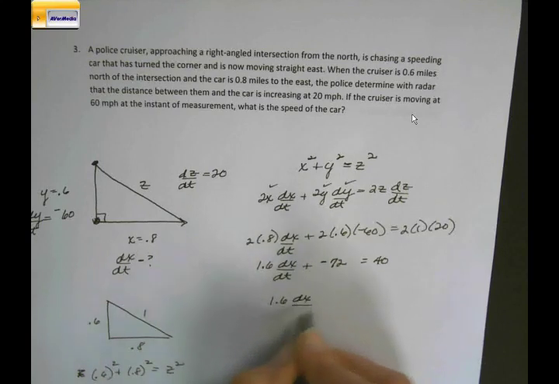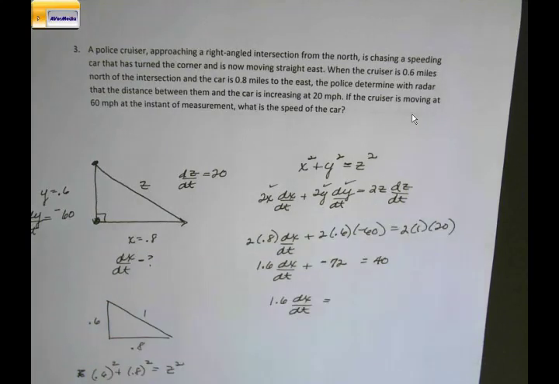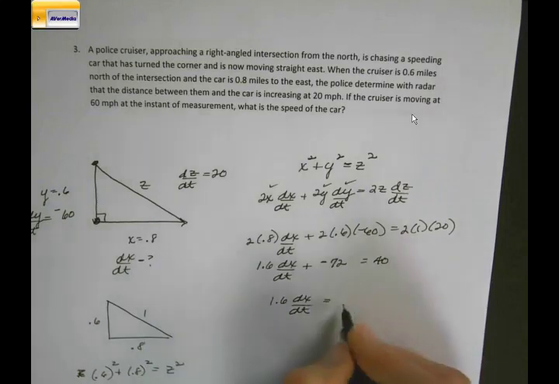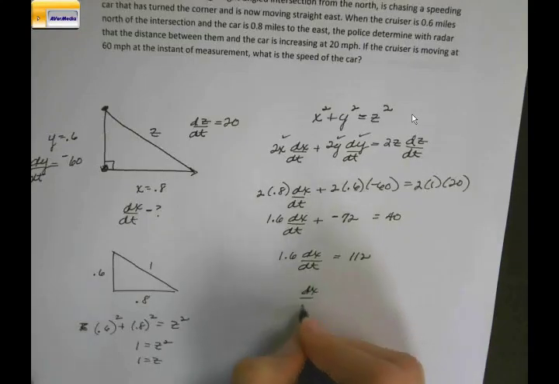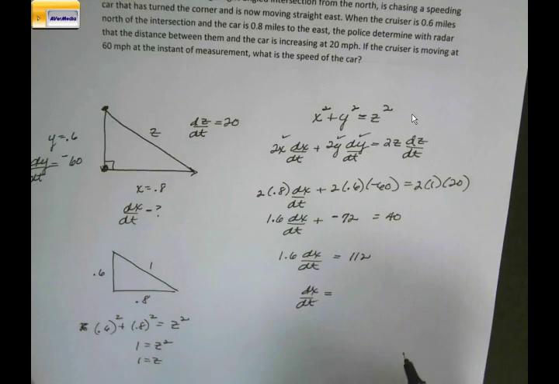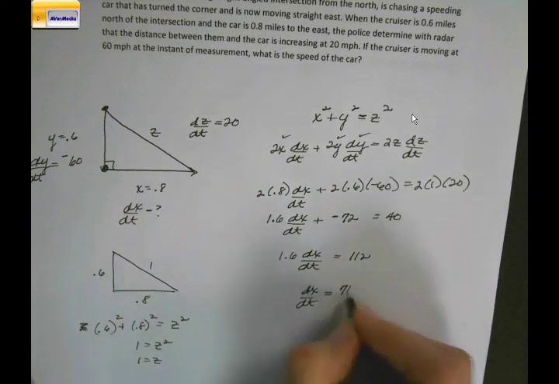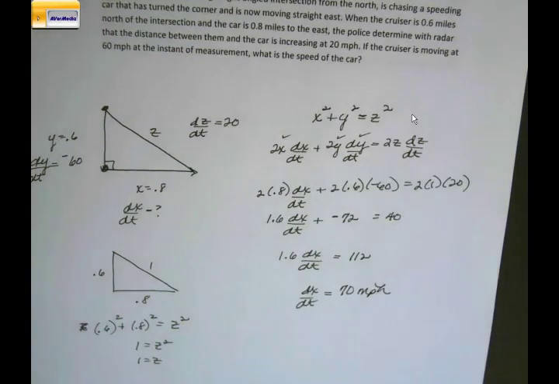Okay, so we got 1.6 dx/dt equaling 40 plus 72, which is what? 112? Divide both sides by 1.6. What'd you get? 70. There it is. That's how fast that car that he's chasing is heading eastbound.